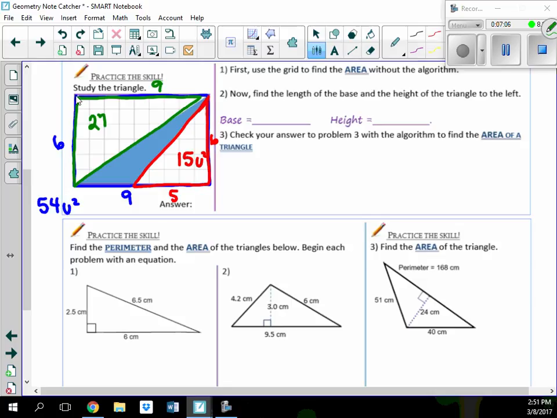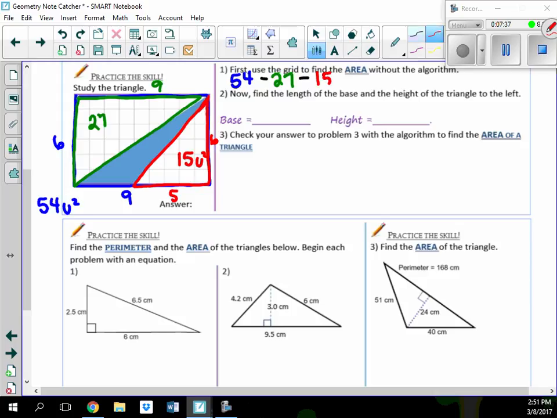And if I want to find the area of the shaded figure, I'm going to start off with the area of the whole rectangle, which is 54. And then from that 54, I'm going to subtract 27. And then I am going to subtract 15.